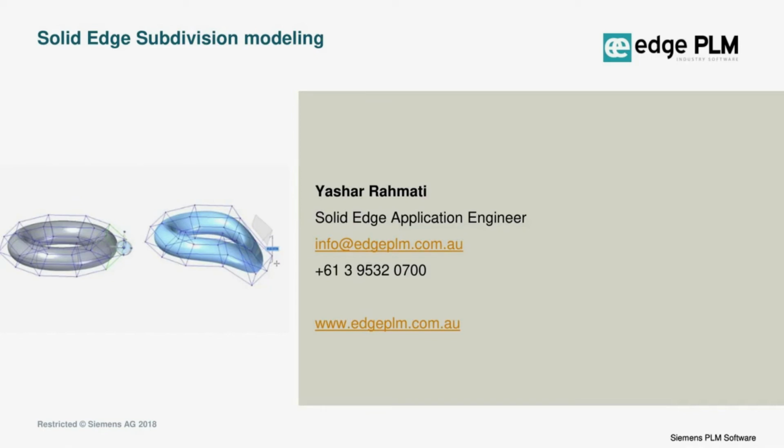So I'm going to start talking a bit about subdivision modeling. Basically, it's a new feature added in the Salvage surface environment in order to enable CAD users who work with surface modeling to achieve complex surface geometries. Subdivision modeling is basically an ability or a feature to craft complex shapes, and it is not sketch-based.